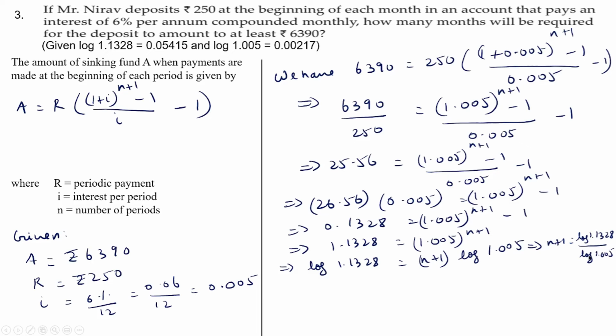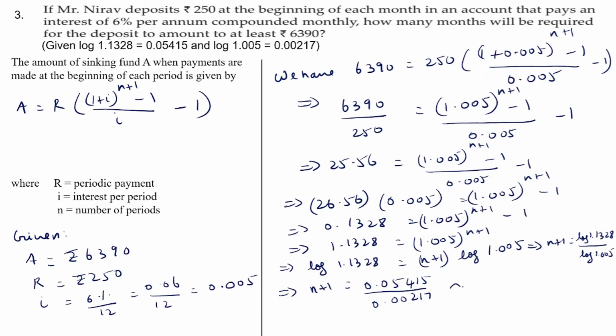The values of these are given in the question. Let us substitute here. So n plus 1 is equal to log 1.1328, which is 0.05415, upon log 1.005, which is 0.00217.